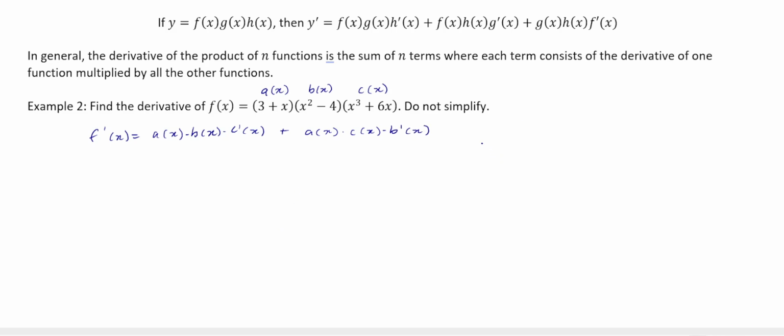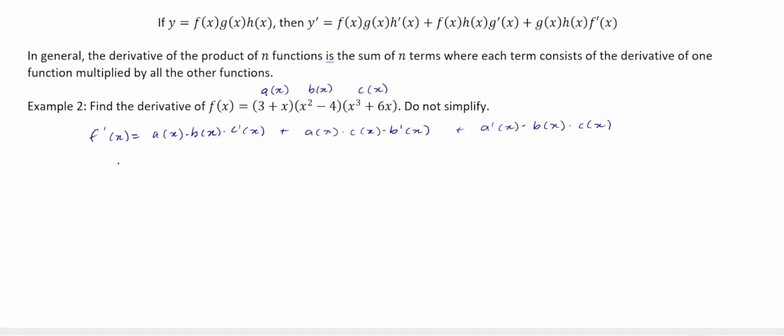All right, and now I'm going to do the derivative of the first times the second and the third. Okay, again, the order really doesn't matter here, so long as you have the derivative of each of these multiplied by the other functions as they are.